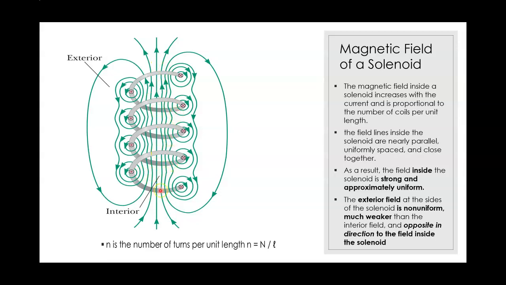Direction dia seperti ini, dan pada interior ini dia strong. Magnetic field dia lebih strong because dia lebih uniform or parallel, berbanding the exterior ini dia tidak uniform, so dia much weaker than the interior field. Maksudnya magnetic field di dalam lebih kuat berbanding magnetic field yang berada di luar.